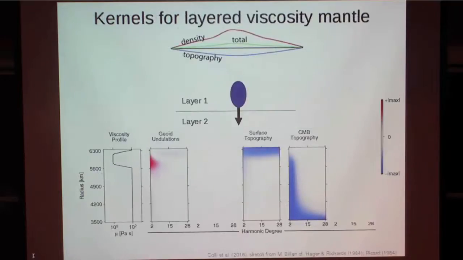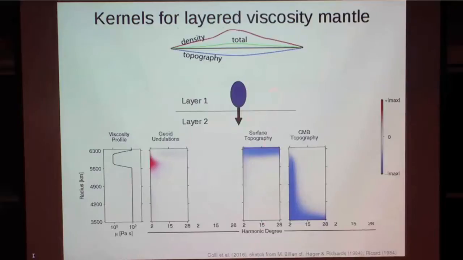Now, the kicker, which was pointed out by Brad Hager, Yannick Ricard, and Mark Richards in the mid-'80s, is that this system responds entirely differently if you have a viscosity increase in the lower mantle. Here are the same response functions now. Let's look at the surface topography.